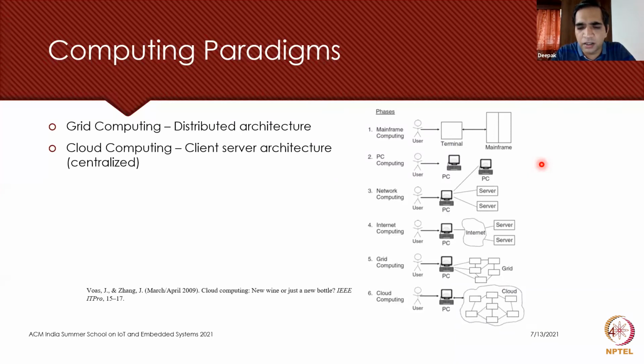But there came this next phase where things got a little more distributed. The grid computing phase is such an architecture where the computing itself became quite distributed. You had different PCs in different networks, and you could distribute a particular computation workload among these different machines, and that came to be known as the grid computing phase.